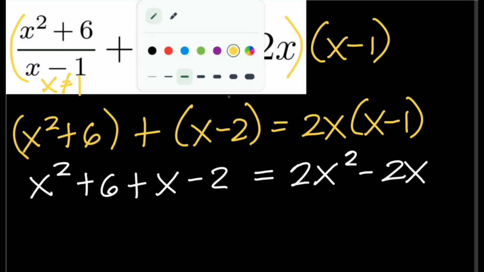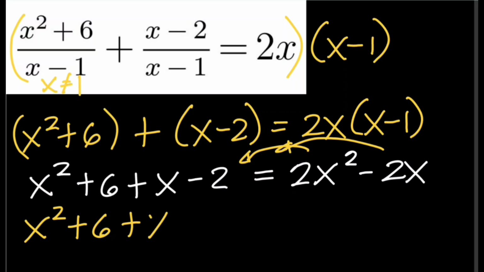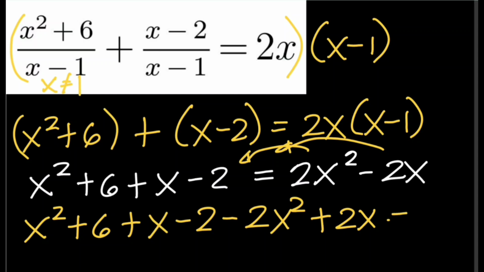Then we can put all of the terms on one side, everything to the left. So this would become x squared plus 6 plus x minus 2 minus 2x squared plus 2x equals 0.